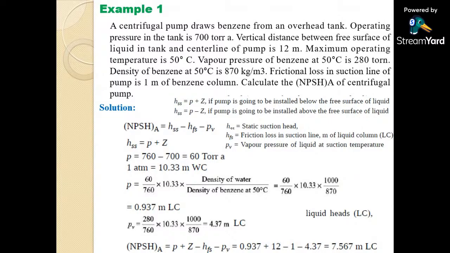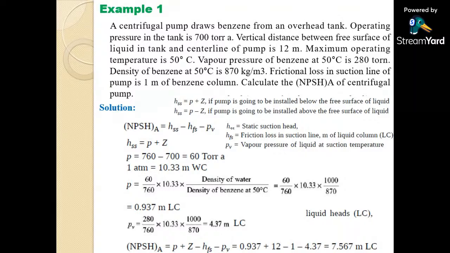So your plant may be a one-story building or it may be a multiple-story building. So according to the specification of the raw material and the process to be undertaken, the location of the equipment will change.